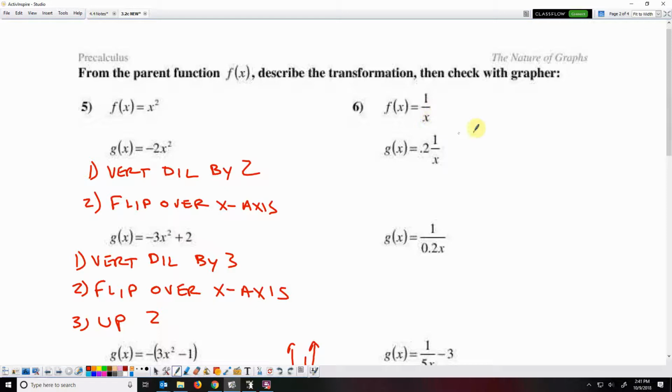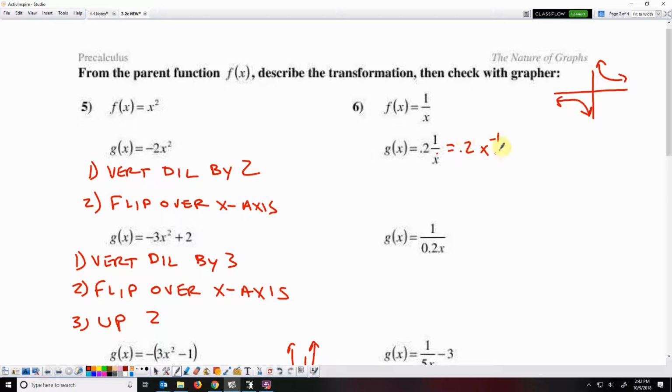All right, f of x equals 1 over x. So a general sketch, it looks about like that. Multiplying by 0.2 on the outside, okay, so that is not inside of that function. That is the same, by the way, as 0.2 times, and 1 over x is x to the negative 1 power.